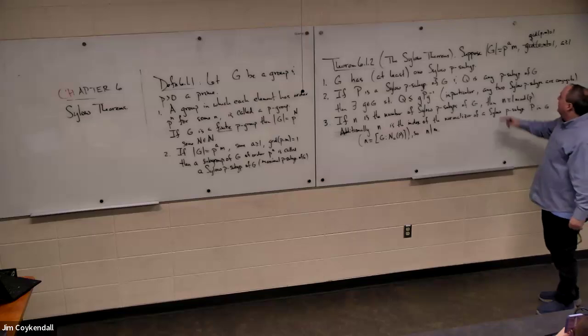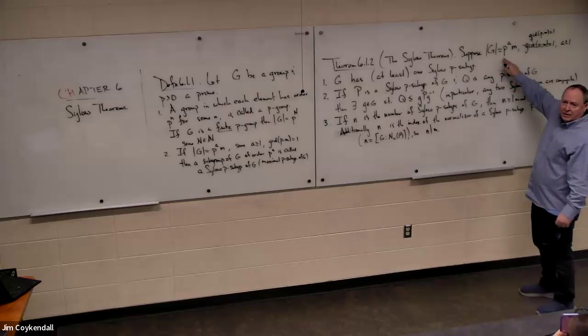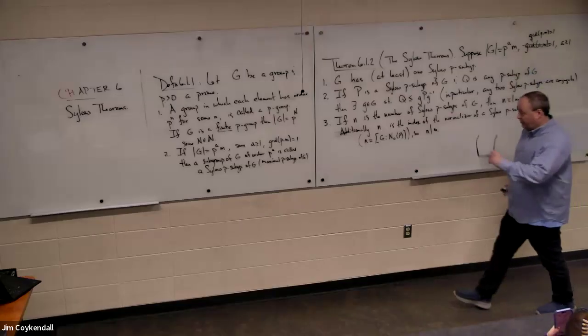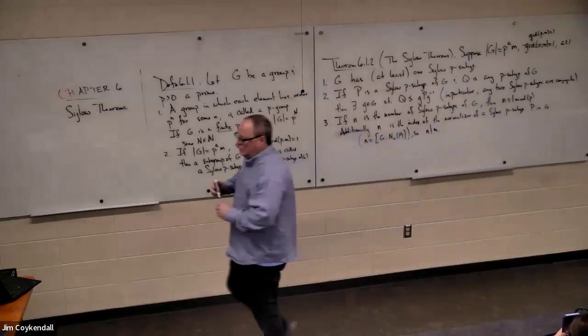It tells me the number of Sylow P subgroups is equivalent to 1 mod P, and it divides this leftover M here, which is really, really cool.